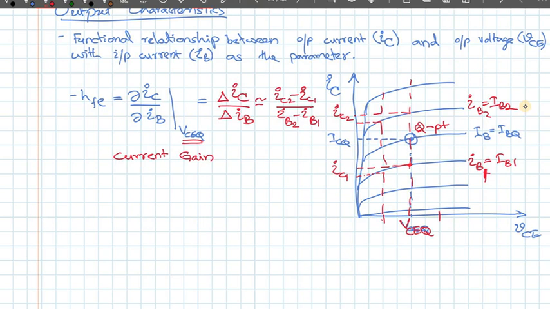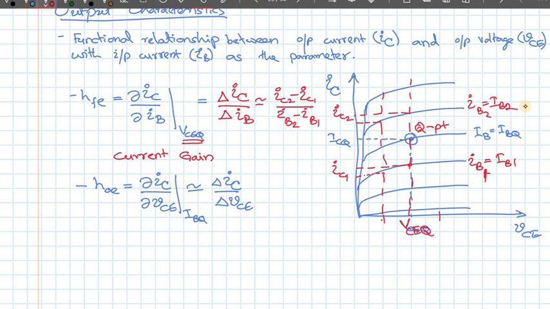Okay, right, that's one thing. The other relationship that we obtained was for hoe. We obtained this to be ∂IC over ∂VCE when IB equals IBQ. This is roughly equal to delta IC over delta VCE at IBQ.